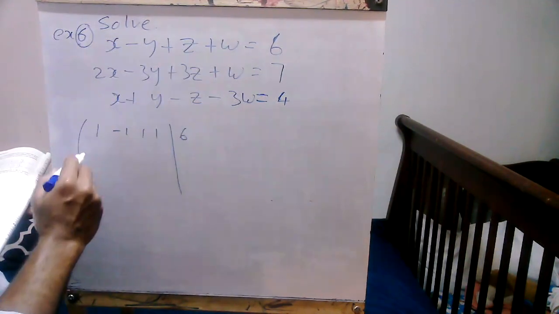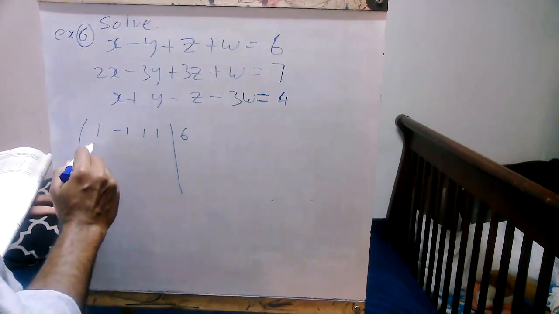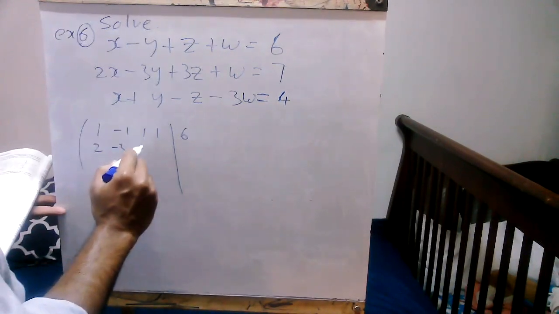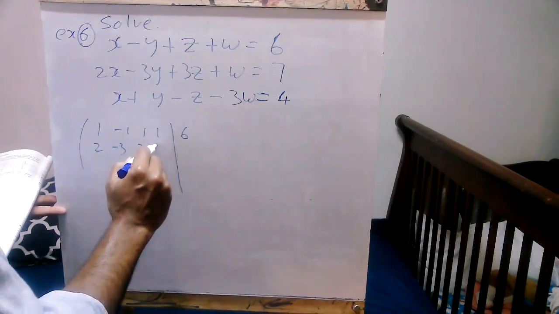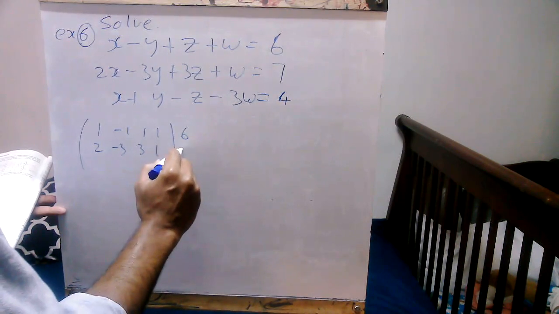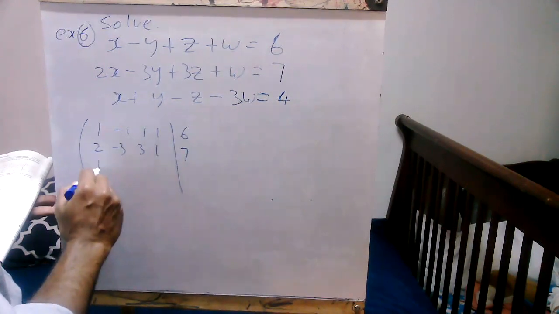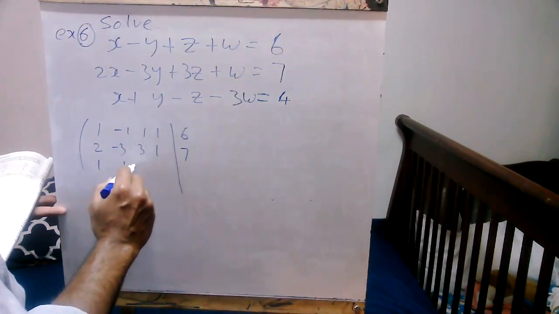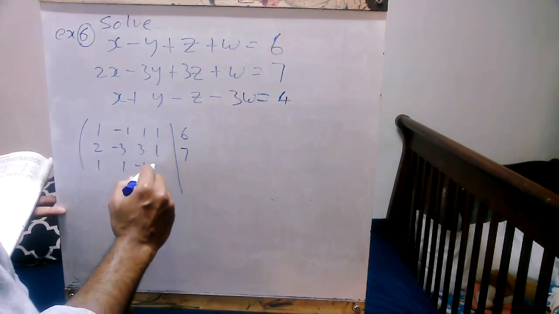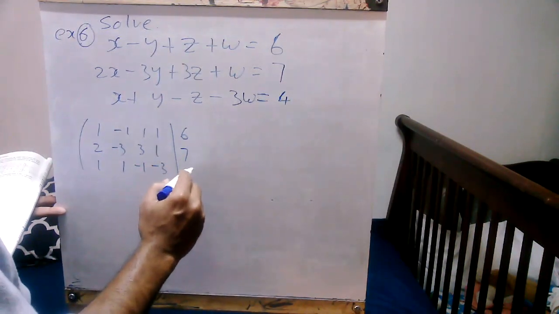Two, negative 3, 3, 1, 2, negative 3. 1, 1, negative 1, negative 3, 4.